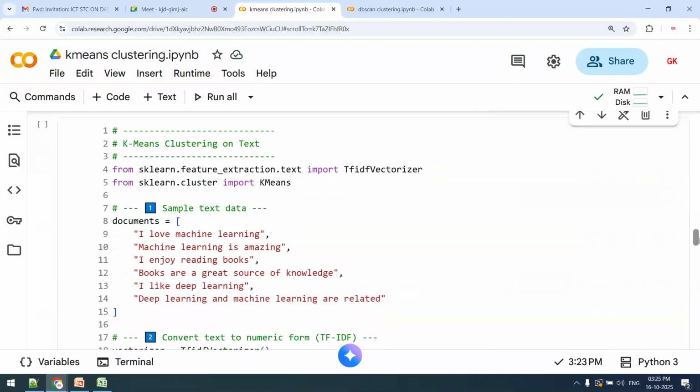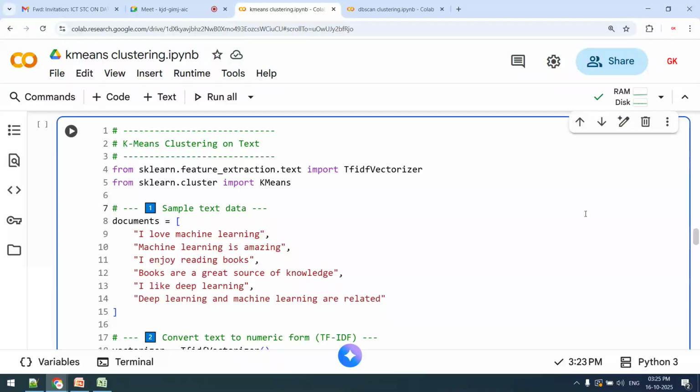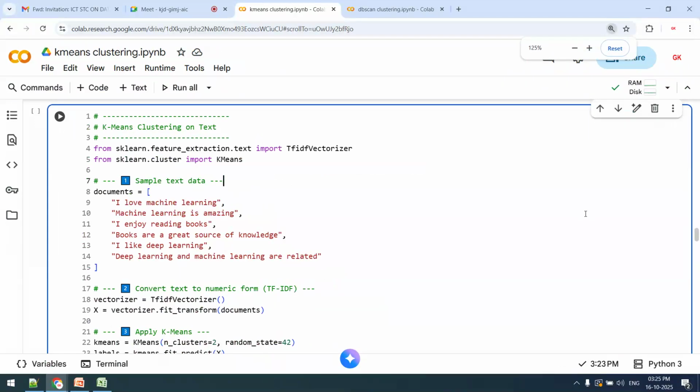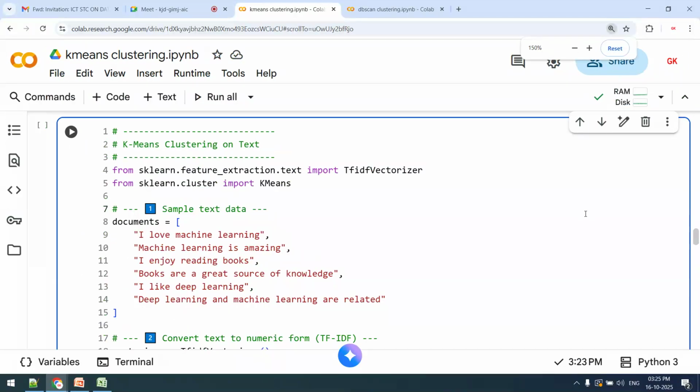Now if you want to implement k-means on text data, that can also be done. For example, you have sentiment data mining, or you are working on some large language model. Nowadays you might have seen lots of work going on in large language models, LLMs, RAG, retrieval augmented generation, and generative AI.